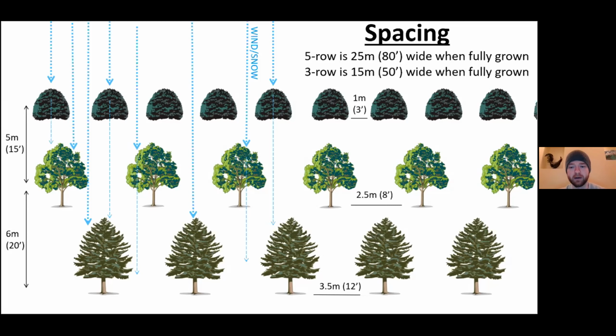And when you're using more rows, if you're planting by a fence with livestock on the other side, ideally you want to keep that 2 meter distance from the fence, basically to prevent overeager livestock from browsing and reaching across for a tasty snack. So spacing is important, and you want to make sure that you do that at the start, so it's not going to be a problem later on.